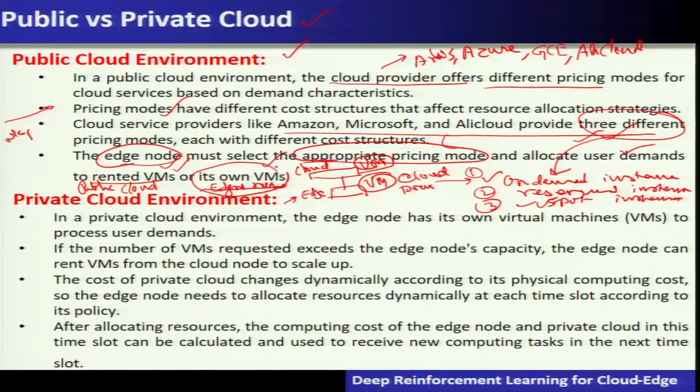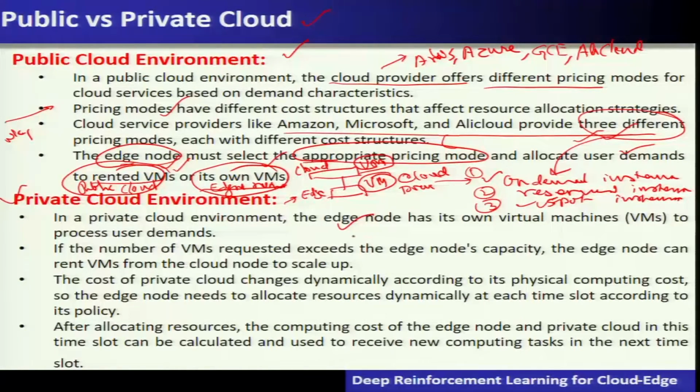So you know that if it is coming from very close by, whether it is a private cloud or an edge node, then it is called an edge node, meaning its own virtual machine. If it is rented, that means it is coming from the cloud environment. So let us understand the private cloud environment. In a private cloud environment, the edge node has its own virtual machines to process user demand.